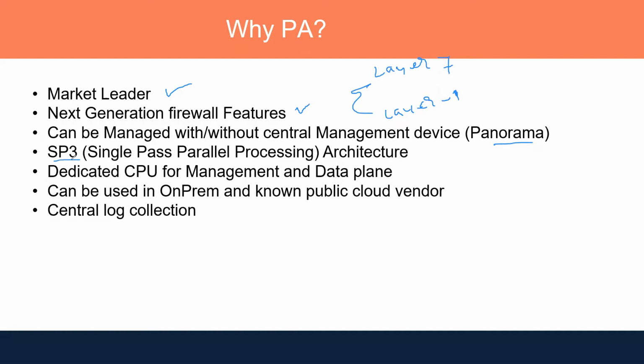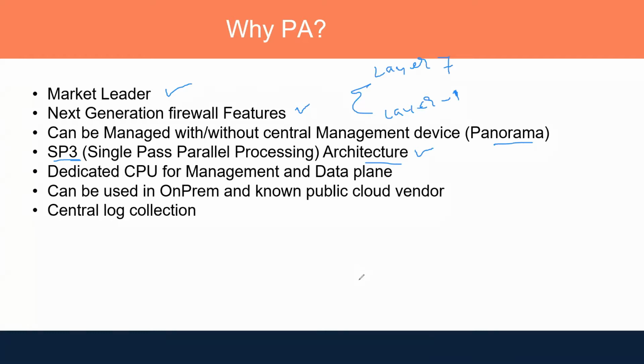It supports the SP3 model. This SP3 architecture is one of the major features of this Palo Alto firewall, and due to this feature, the Palo Alto firewall is really very fast. The Palo Alto firewall uses dedicated CPU and dedicated memory for data plane and management plane.